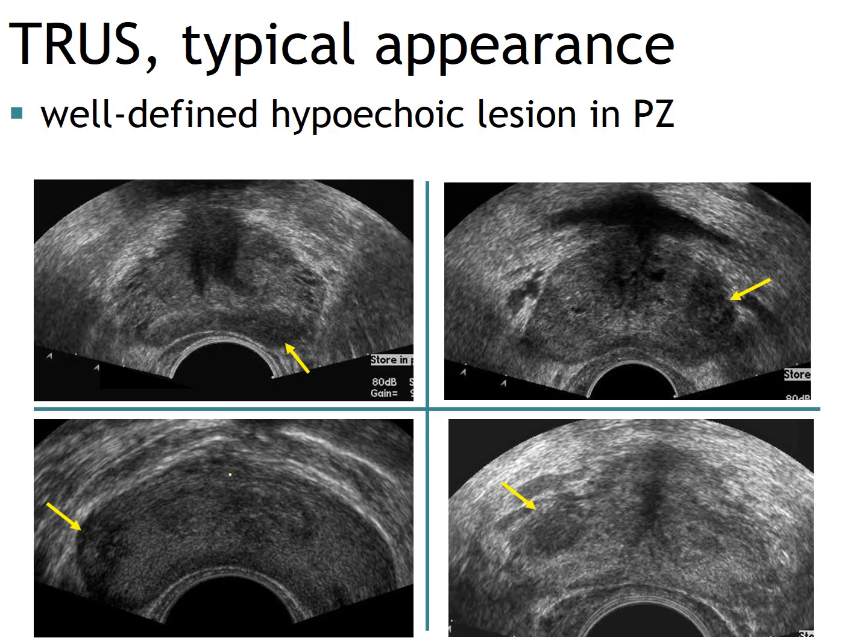Usually, transrectal ultrasound is the first imaging modality, and the typical ultrasound finding of prostate cancer is a well-defined hypoechoic lesion in peripheral zone, as you see in these four different cases.